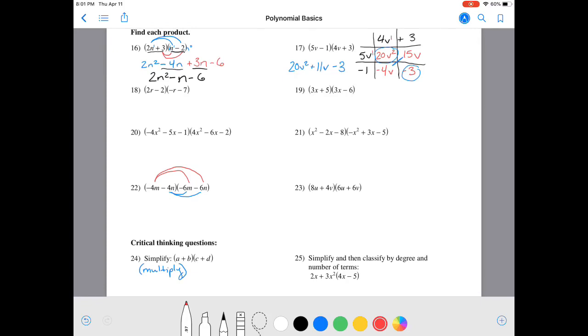Sorry, it's going to sound a little confusing with m and n. So negative 4m times negative 6m gives me positive 24m squared. Negative 4m times negative 6n gives me 24mn.